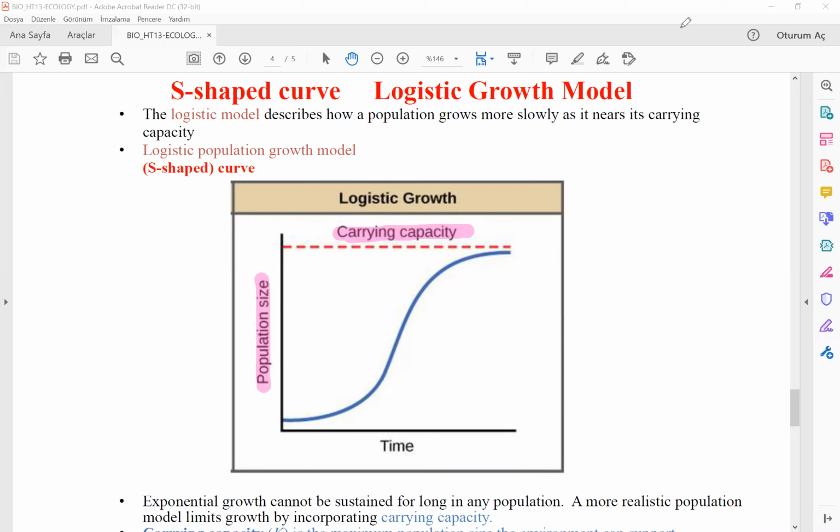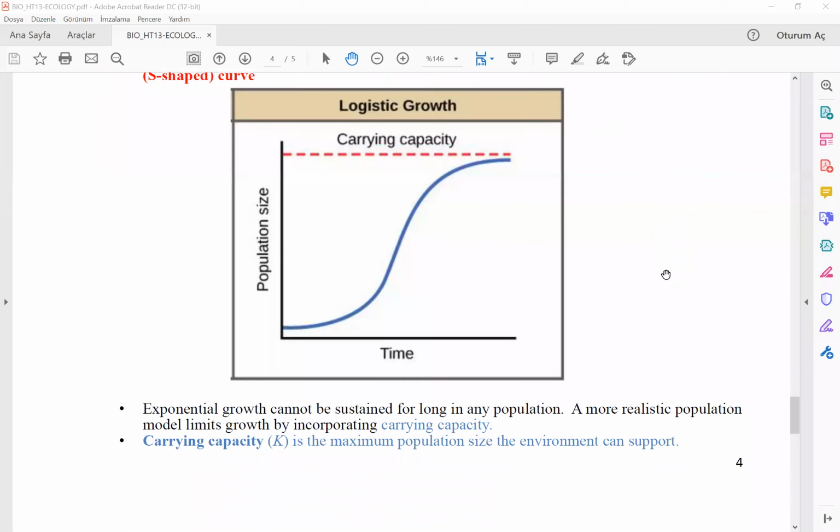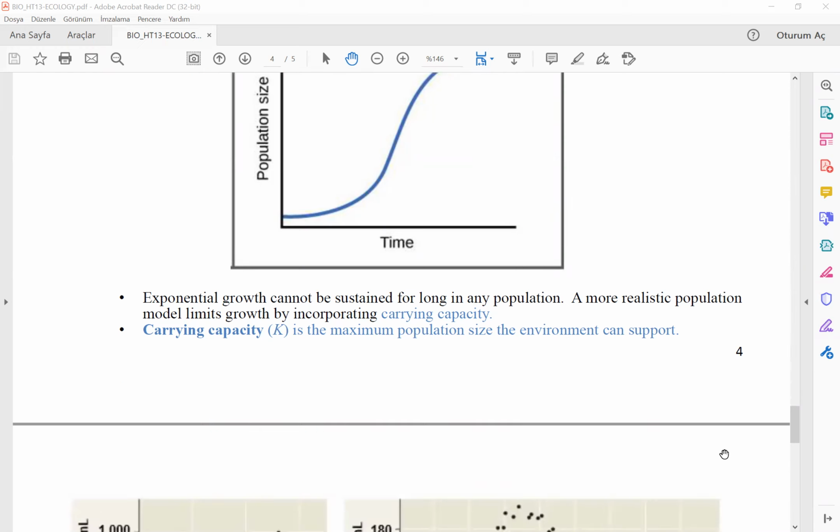And exponential growth cannot be sustained for long in any population. A more realistic population model limits growth by incorporating carrying capacity. Carrying capacity is the maximum population size the environment can support.